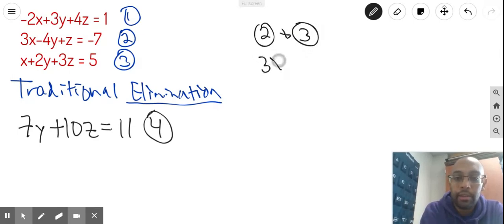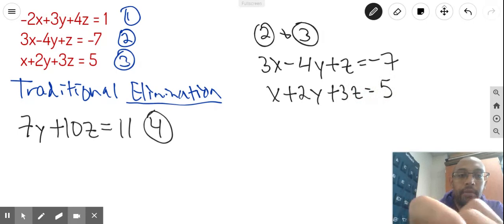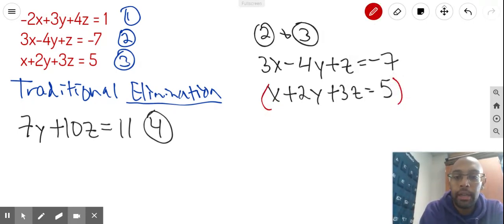So 3x minus 4y plus z equals negative 7, and then x plus 2y plus 3z equals 5. I'm going to multiply both sides by negative 3 for the second equation.